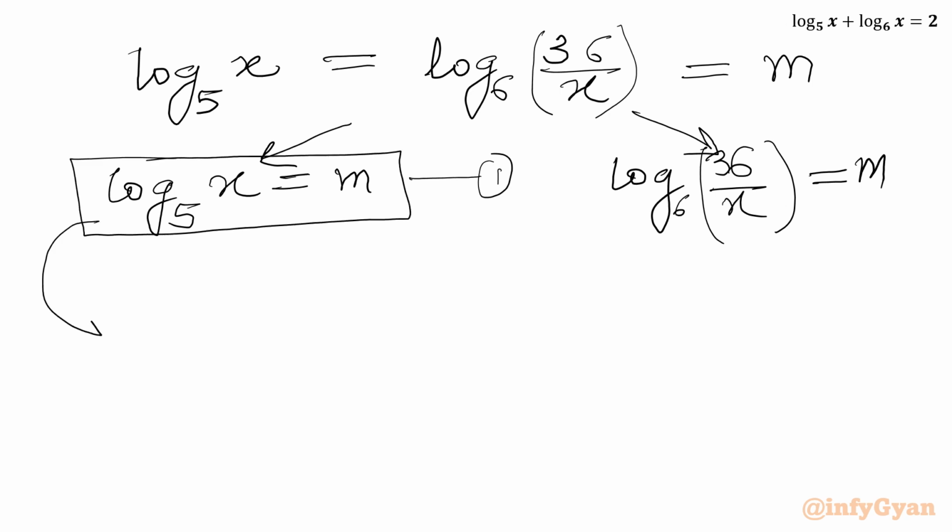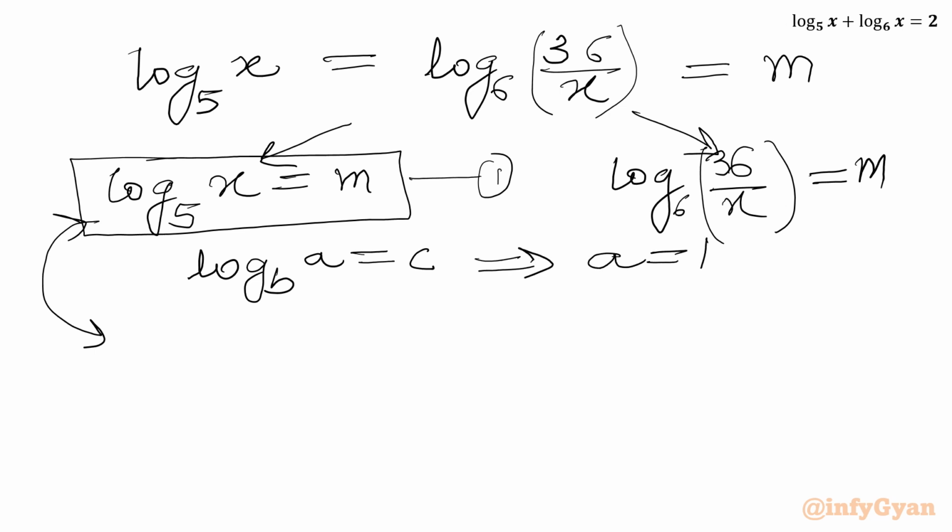So this is in log form. We can write in exponent form also. Using the property, log a with base b, if it is equal to c, then we can write a will be equal to b raised to the power c. So I can write the exponent form of equation 1 as x equal to 5 raised to the power m.